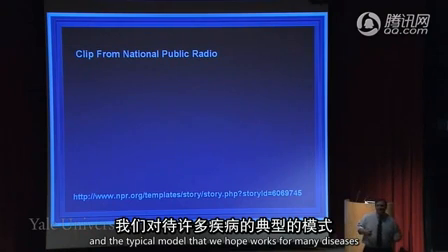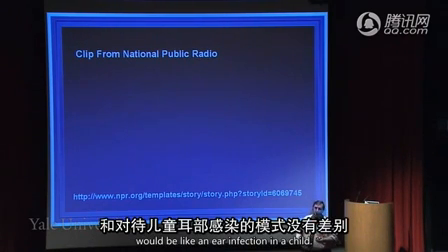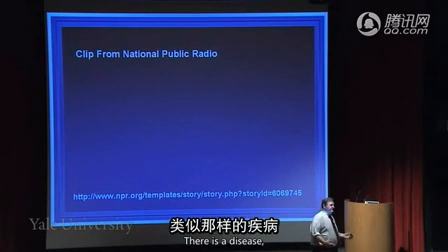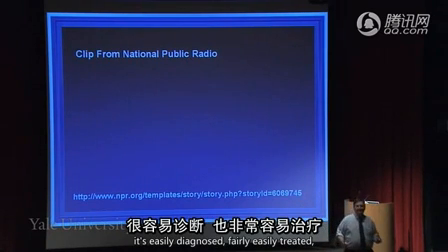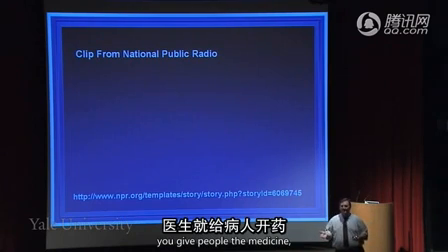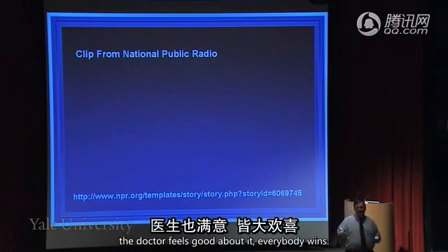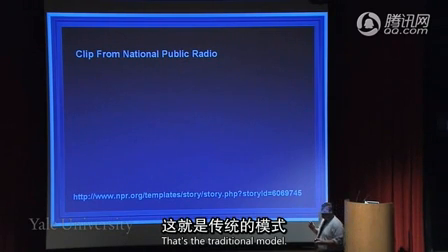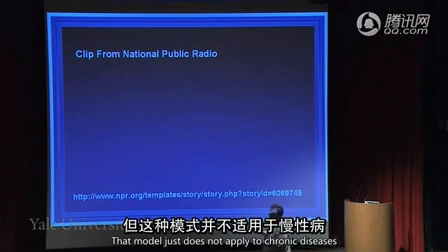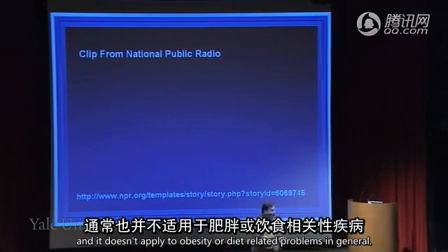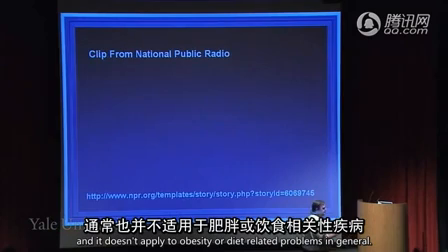The typical model that we hope works for many diseases would be like an ear infection in a child. There's a disease, it's easily diagnosed, fairly easily treated. You give people the medicine, the patients are happy, the parents are happy, the doctor feels good about it, everybody wins. That's the traditional model. That model just does not apply to chronic diseases, and it doesn't apply to obesity or diet-related problems in general.